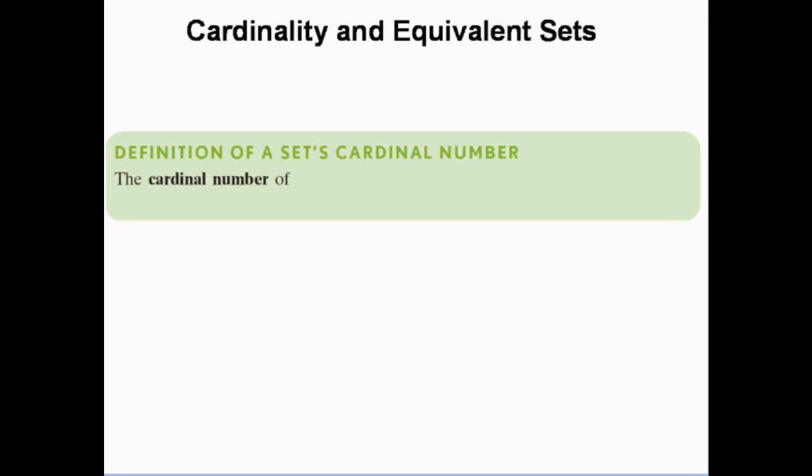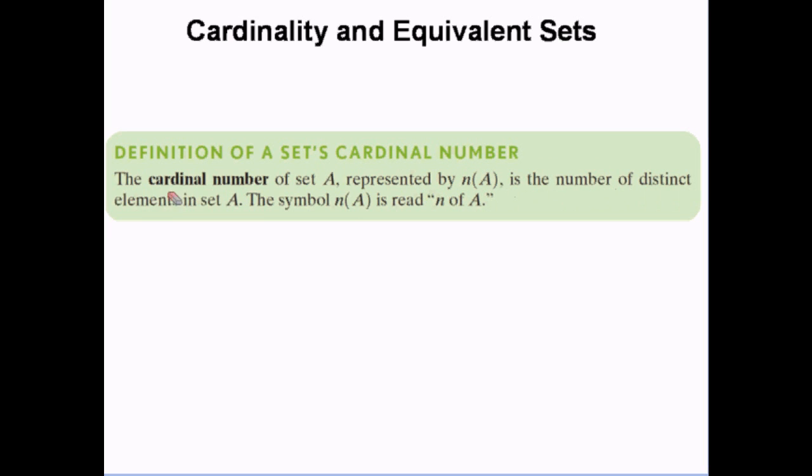So in math, it has a meaning too. We talked about the cardinal number of a set, and you'd say n of A, with the A in parentheses if you're talking about set A. And the cardinal number is just the number of things inside the set.